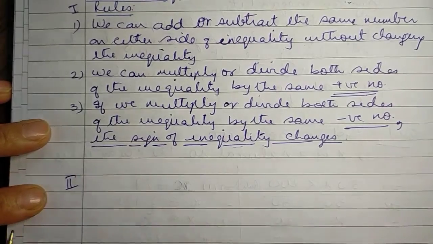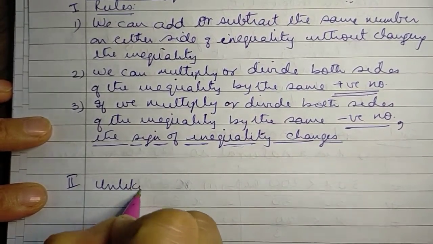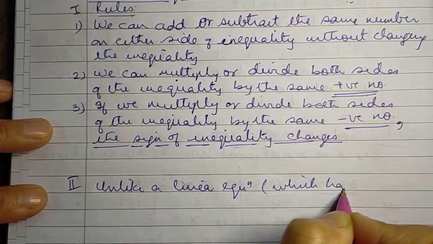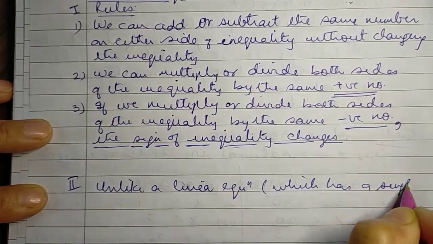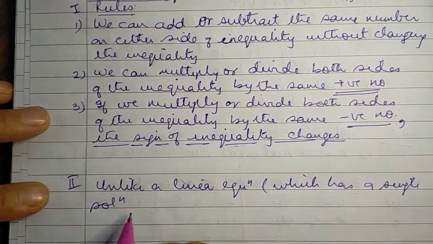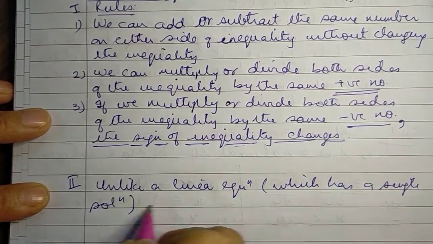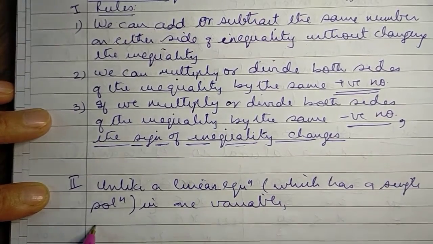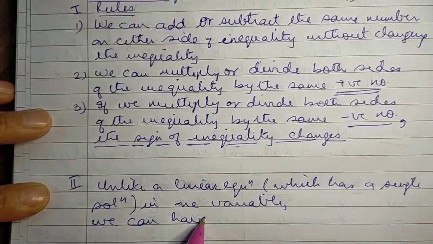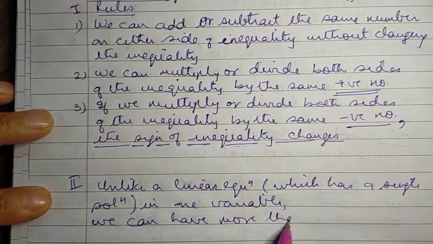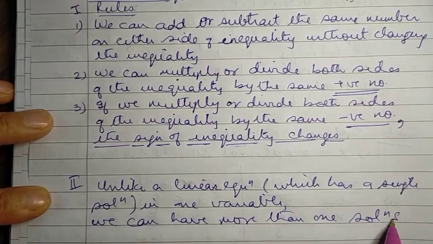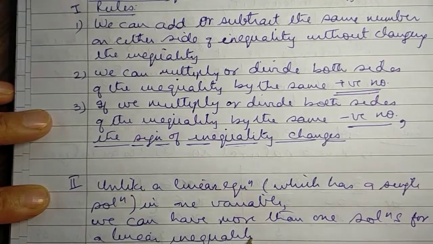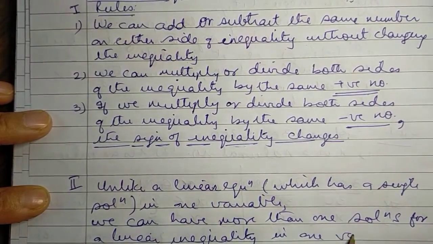Unlike a linear equation which has a single solution, unlike a linear equation in one variable, we can have more than one solution for a linear inequality in one variable.